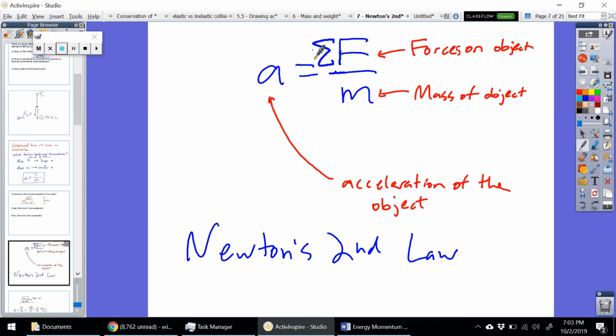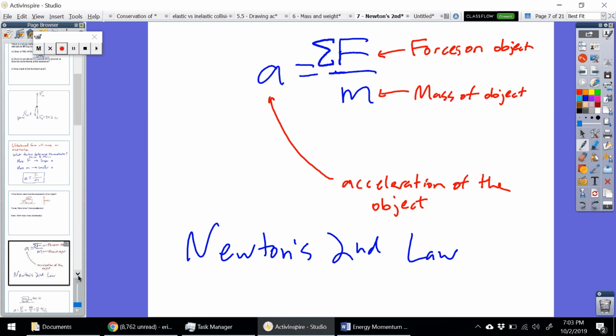This sigma variable is something I'll talk about later. You don't really need to know that for today. So let's just look at this. Acceleration is equal to force divided by mass. This A represents the acceleration of the object, this F represents the force on the object, and this M represents the mass of the object, okay?